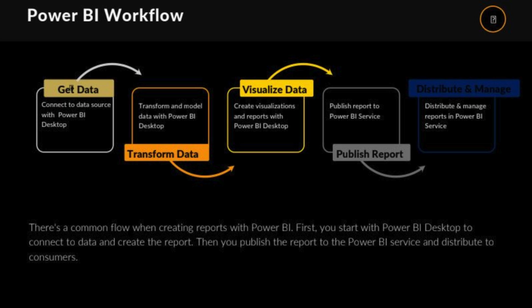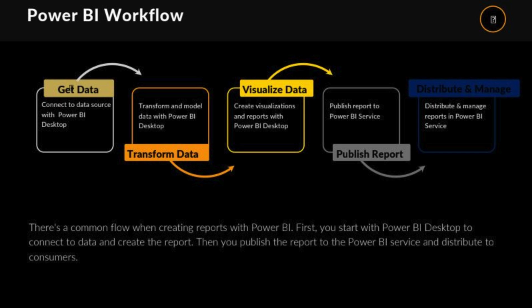So from the point of getting data, the second step is to transform that data. Transforming that data means you are going to shape your data into the columns or fields that would be necessary for your analysis.